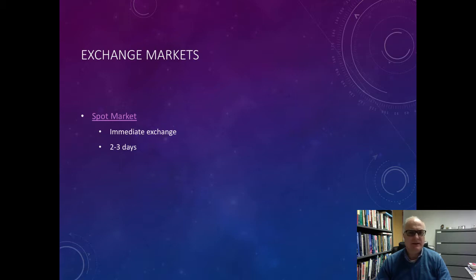So it's fairly common to have spot market transactions in foreign exchange, but it's also actually fairly common to have forward market transactions. So in addition to the market for immediate exchange, there's also a market for future exchange. That's what the forward market is. So just like other commodities that have futures markets, currency also has futures markets.